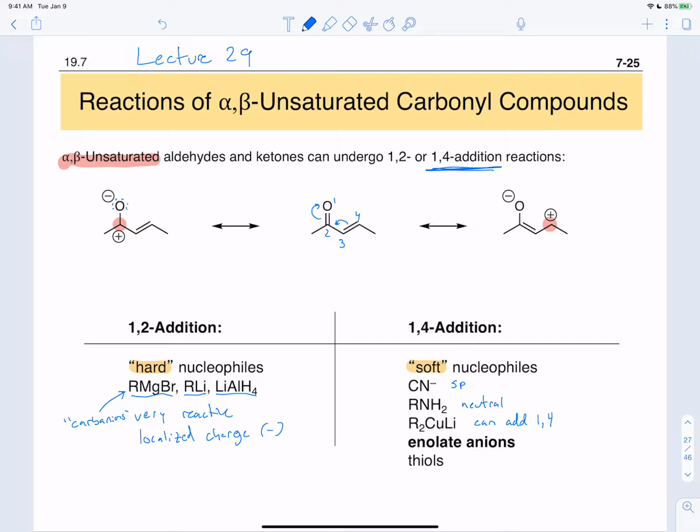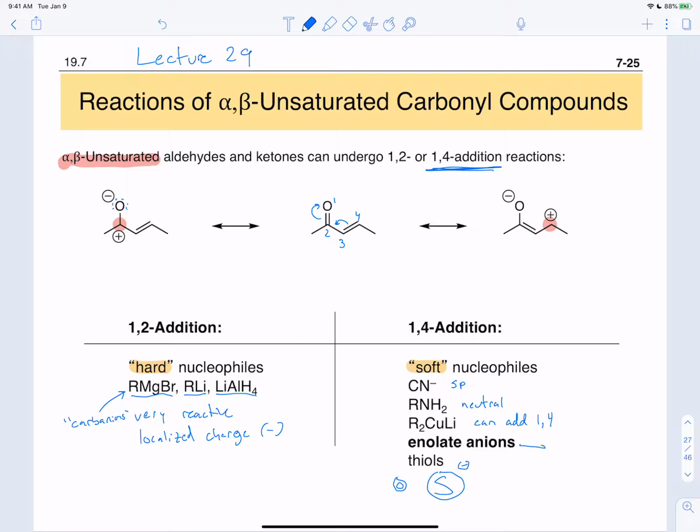Thiols, if you go to something like sulfur, think about how big a sulfur atom is versus an oxygen. It is larger and more polarizable, so when you deprotonate a thiol to make a thiolate, it's going to have much more delocalization, with the negative charge over a larger surface area. This makes the anion a bit more squishy. It's lower in energy because you have less concentrated charge. So thiols in general will also be very soft nucleophiles.